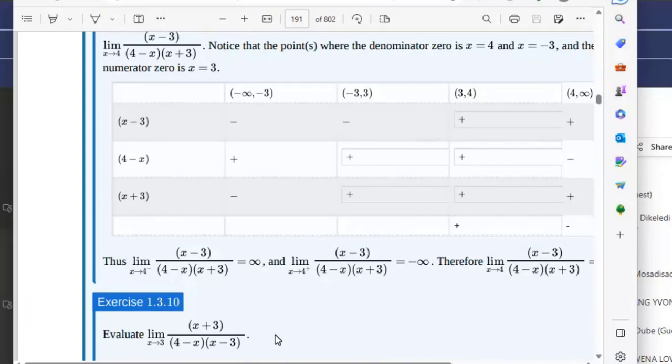Marvin? Yes, sir. Please go ahead. I got negative infinity, sir. Negative infinity? I think so. Okay. Spusiso, what did you get? I also got negative infinity, sir, but I think it's positive infinity, but negative infinity, sir. Negative infinity. Vuyo, what did you get?